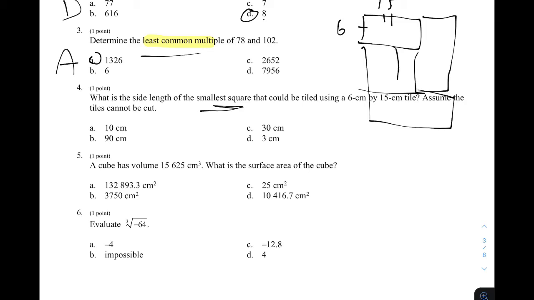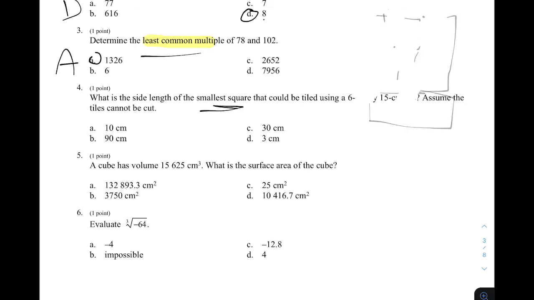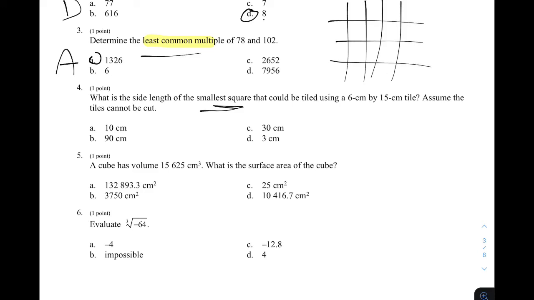Probably I can't do something like this. I probably have to lay out a bunch of tiles. So we could draw it if we just had some graph paper, and I just drew out the tiling to see how big it would be.